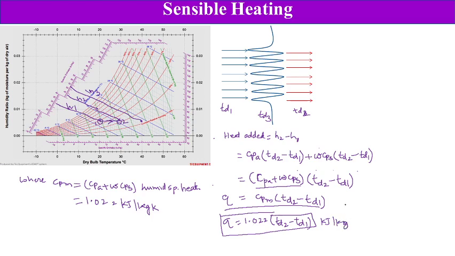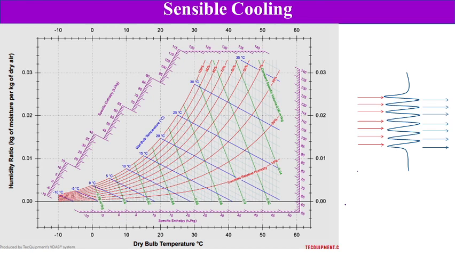Now coming to sensible cooling. Here let us assume the cooling process, so let TD1 be the temperature of air entering over the coil, whereas TD2 be the temperature of air coming out, whereas TD3 is the temperature of the cooling coil.